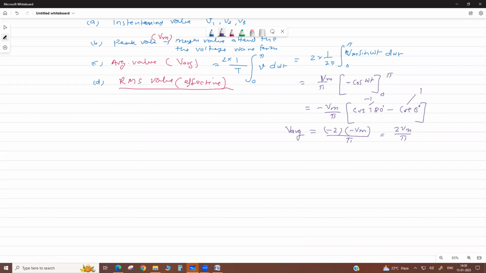So again here, square, mean. Here also we calculate the mean value. Mean means average. So again you have to calculate 0 to pi, then V d omega t. Average is 1 by T. So this is the average value.